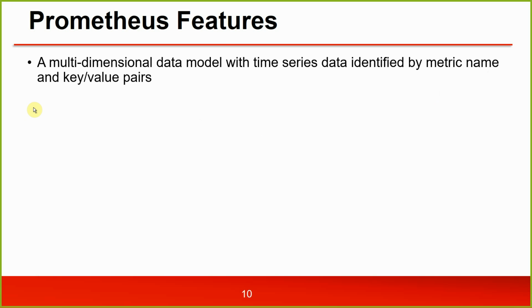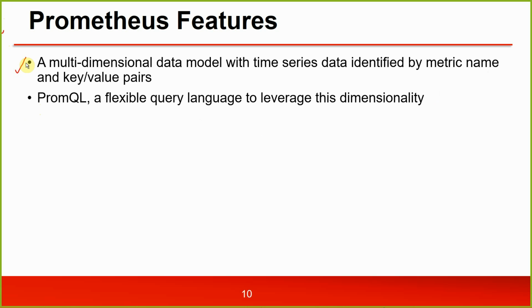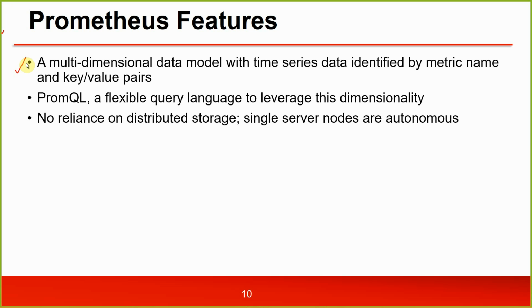Prometheus features a multi-dimensional data model with time series data identified by metric name and key-value pairs. The Prometheus query language, PromQL, which we will discuss in a dedicated session, is a flexible query language to leverage its dimensionality. There is no reliance on distributed storage; single server nodes are autonomous.